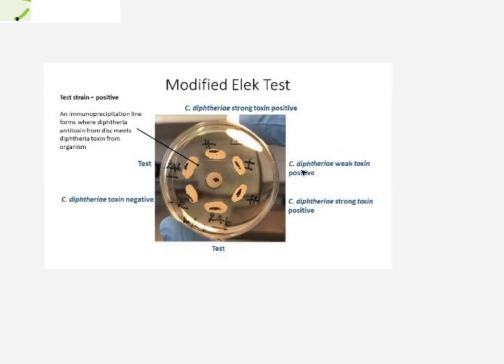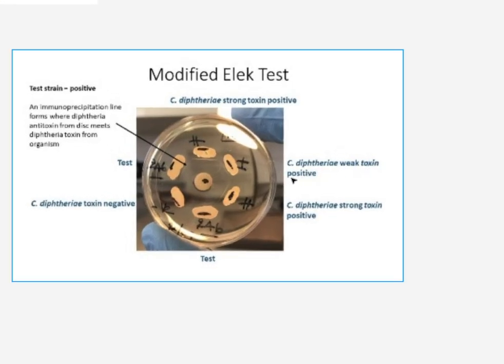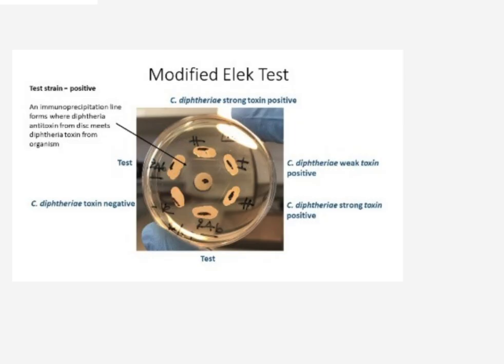So a Corynebacterium diphtheriae weak toxin strain is positive, a strong toxin strain is also positive, and this one is negative. An immunoprecipitation line forms where the diphtheria antitoxin from this disc meets diphtheria toxin from an organism. So it's used to determine if the toxin is present.